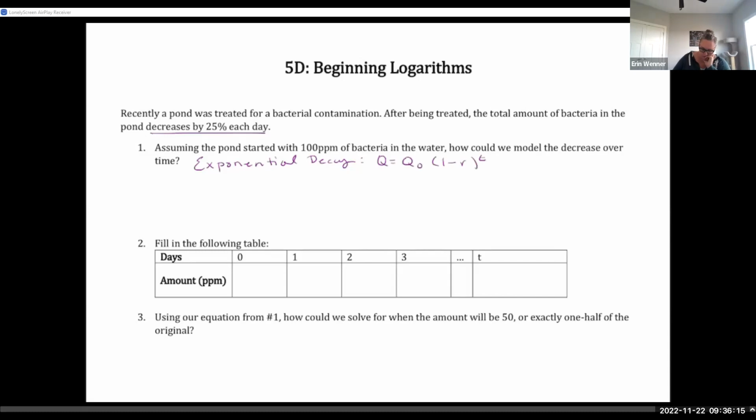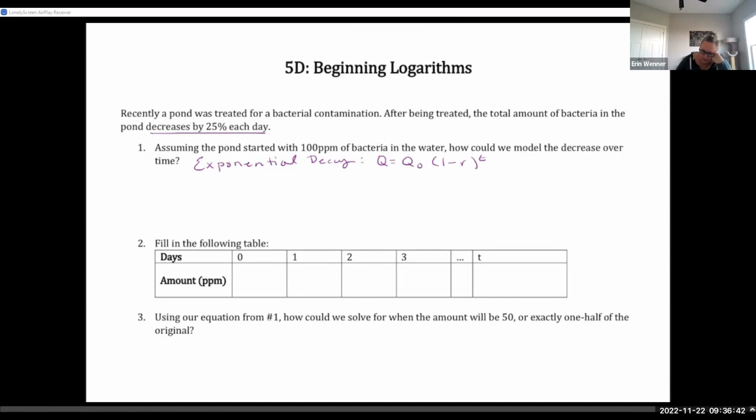So if we plug in what we know, it says assuming the pond started with 100 parts per million, excuse me, not parts per meter. Parts per million.